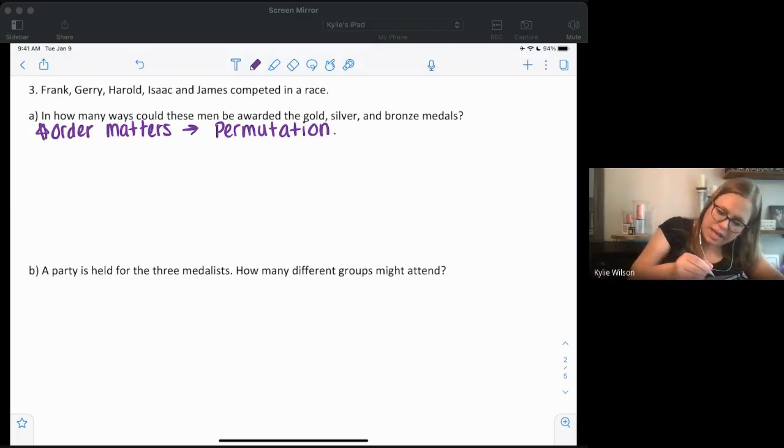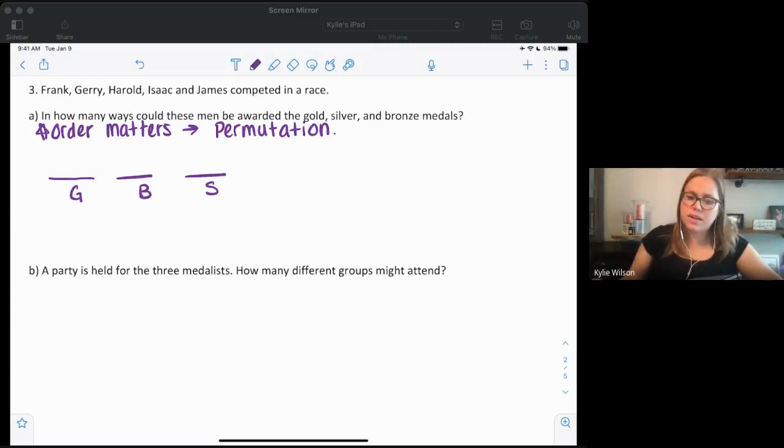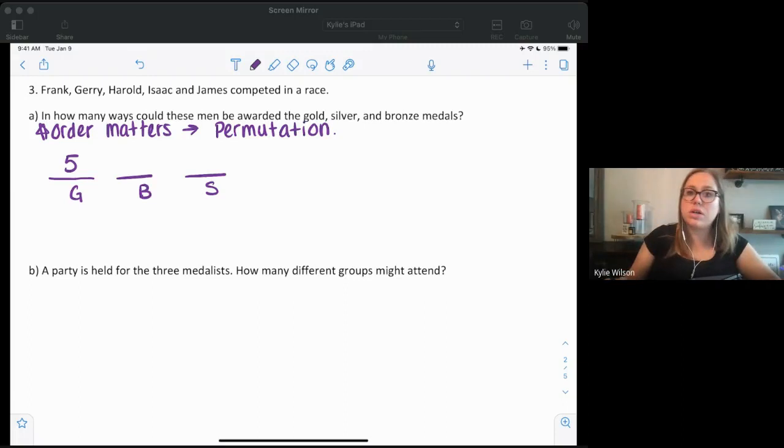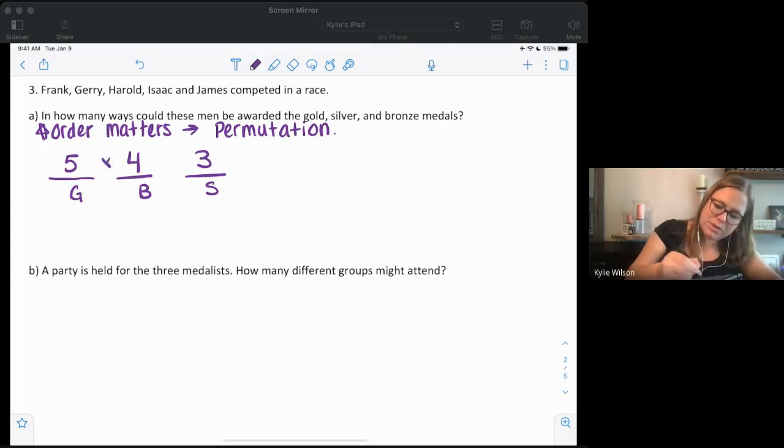So we have our gold, bronze, and silver. We have 5 people total, so 5 people could win the gold. Then after that is handed out, there are 4 options for bronze. After that is handed out, there are 3 options for silver. Because we're giving out a gold medal and a bronze and a silver, we multiply.